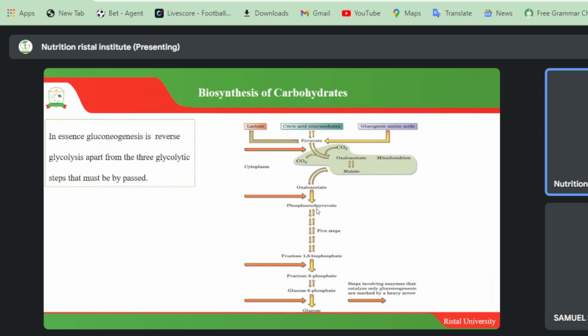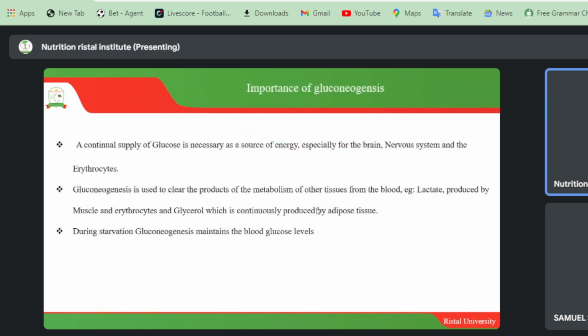Gluconeogenesis is the exact opposite of glycolysis apart from the three steps that we need to bypass. So that's basically it. The importance of gluconeogenesis here is that a continuous supply of glucose is necessary as a source of energy, especially for the brain, the nervous system, and the erythrocytes.